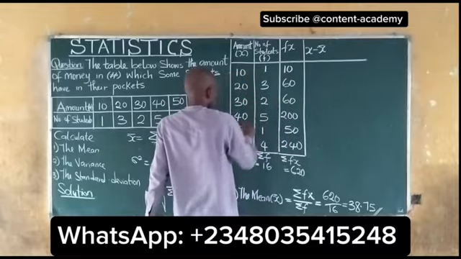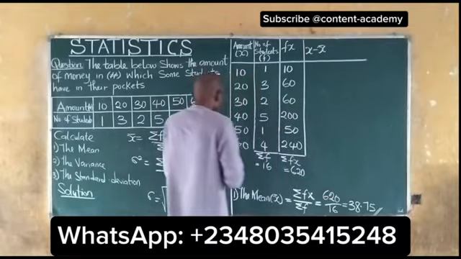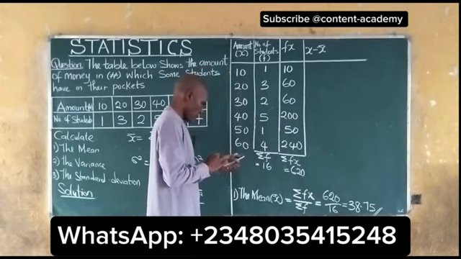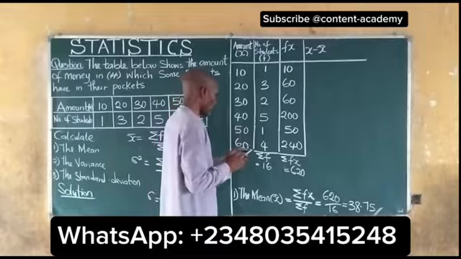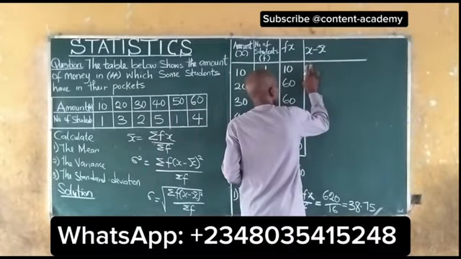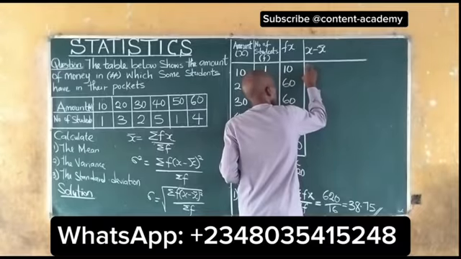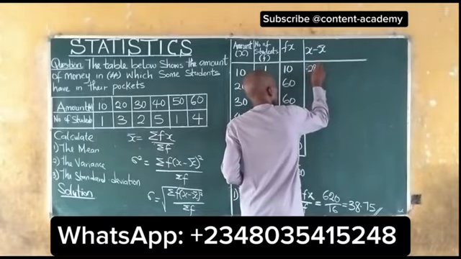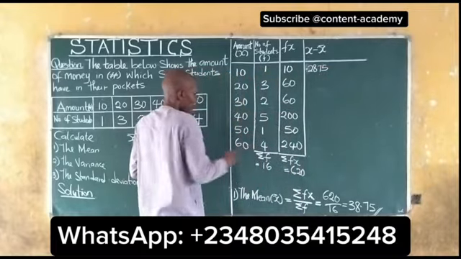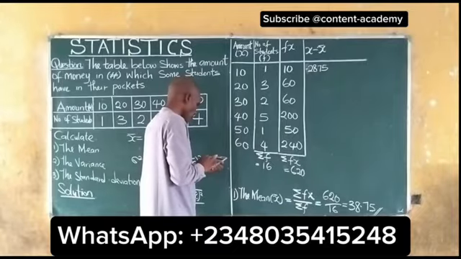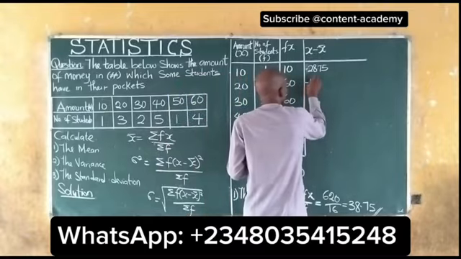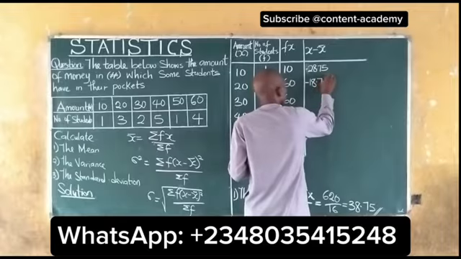It means all the values for x minus what we have as our mean. So 10 minus 38.75, we have negative 28.75. Also, 20 minus 38.75, we have negative 18.75.